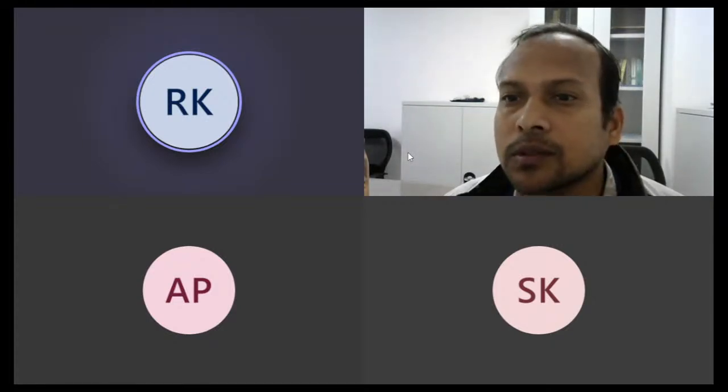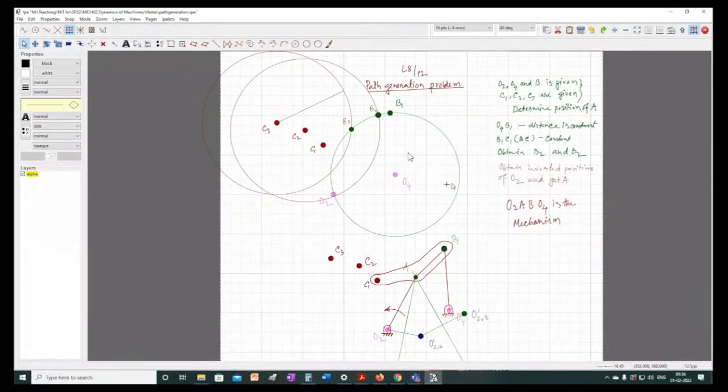Today we will discuss, yesterday we discussed the path generation problem. In all the problems we are solving here, they are position synthesis problems.